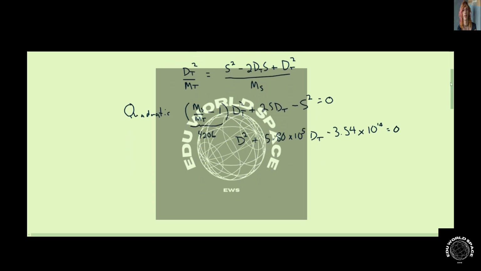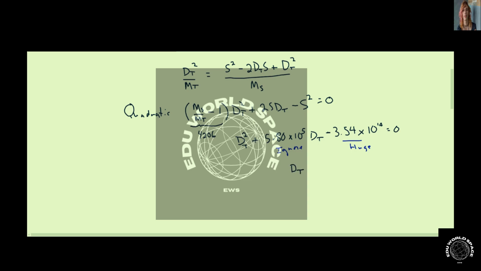Now I'm going to make a quick approximation for that distance. What I notice is the last term is huge, and it's very big in relationship to the middle term. So as a first approximation I'm going to ignore the middle term, and you'll see why in a little bit. Don't worry, we will include it.